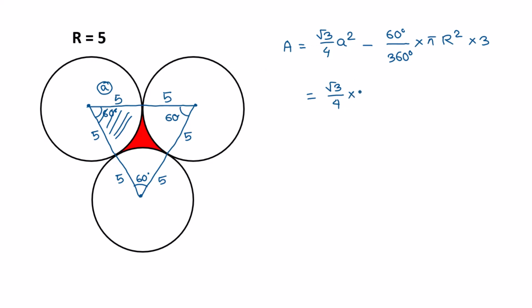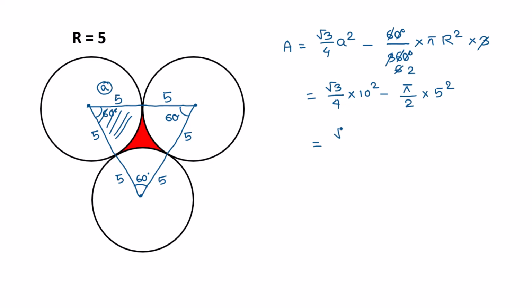So here a is 10 and this square, minus this 60 degrees and this 360 degrees, we can write 6, and this 3 will cancel by 6 and it will be 2. So we can write this pi over 2 times r square. The radius is 5 units, so 5 square.